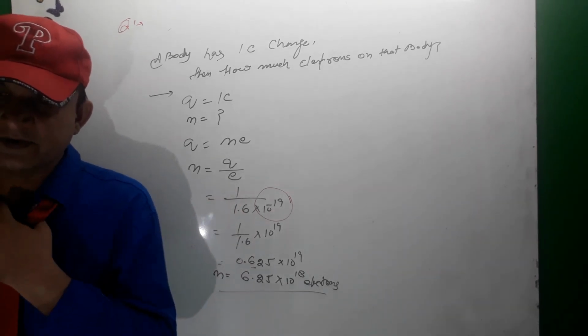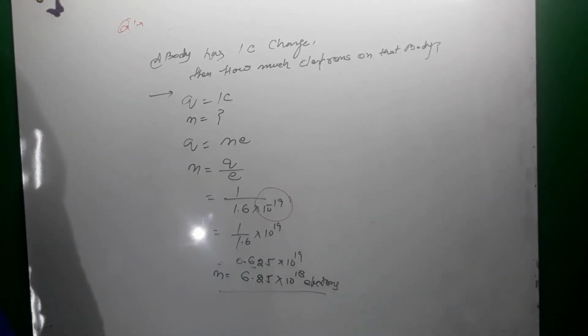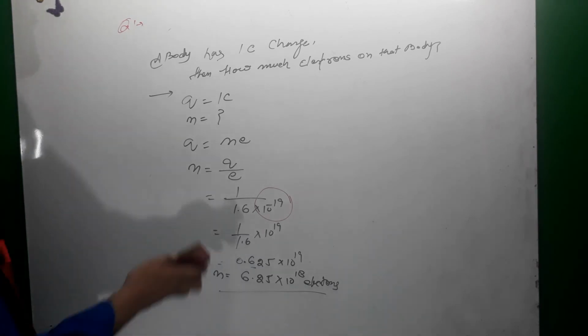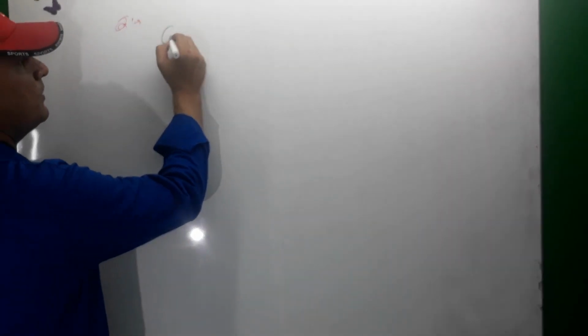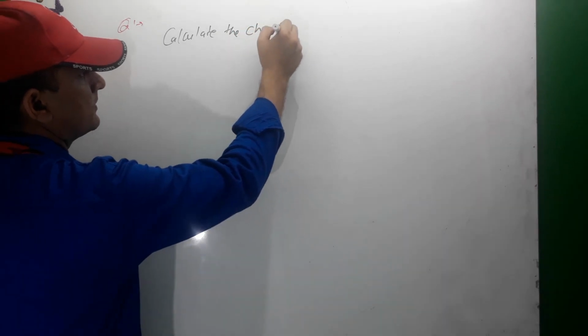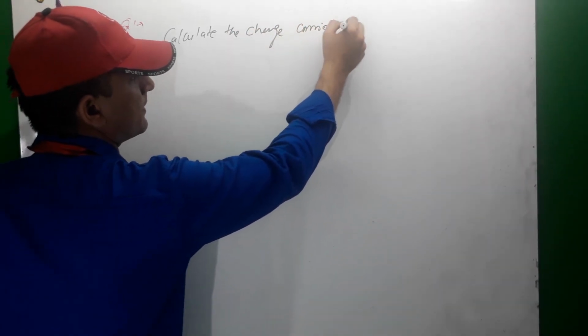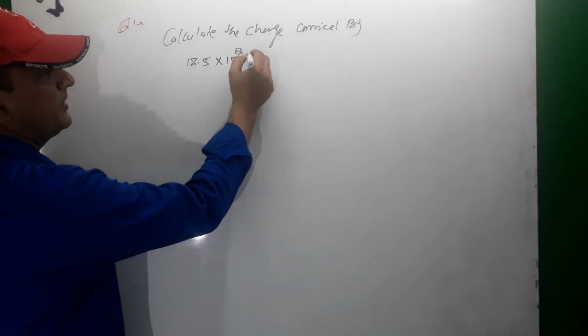Now let's see one more question. Calculate the charge carried by 12.5 × 10^8 electrons.